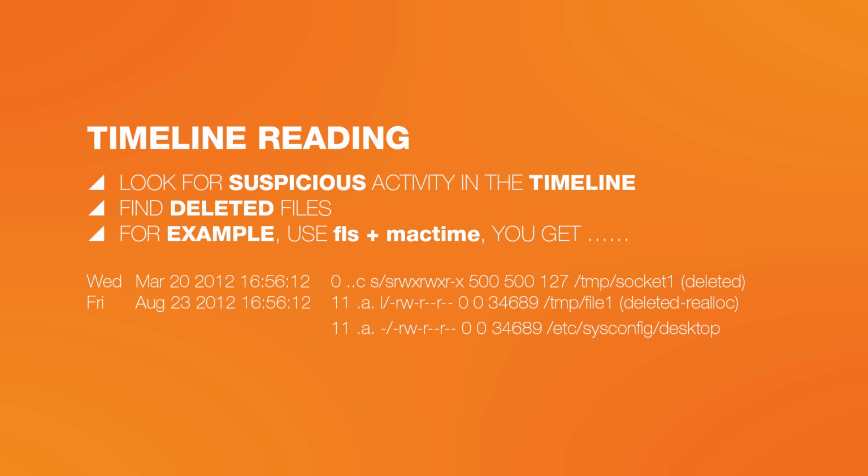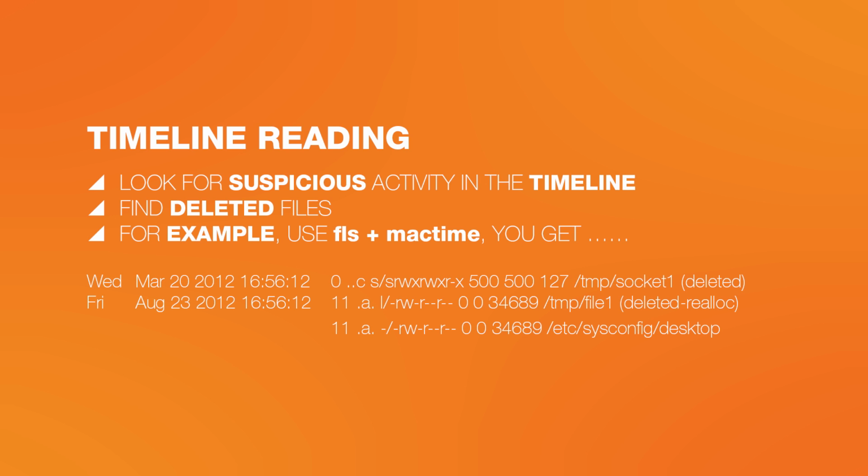Deleted at the end indicates the file entry is a deleted file. Therefore, its content may be recoverable if the data blocks have not yet been overwritten. Deleted-realloc indicates that the file's inode has already been assigned to another file, even though its file name and inode mapping has not yet been overwritten.